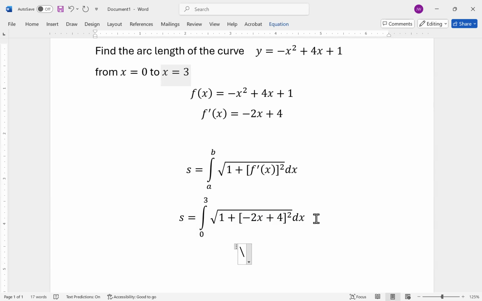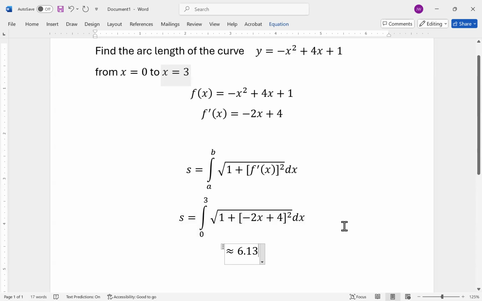When I got my answer, it came out to close to 6.13. If you wanted to do it by hand, it's a fairly complicated integration because you're dealing with the square root and you have squares underneath.